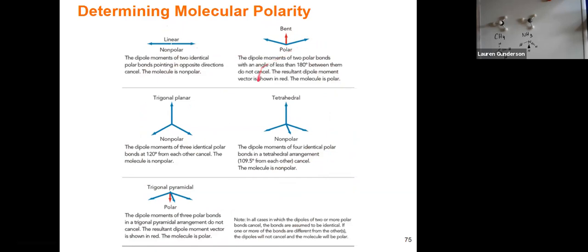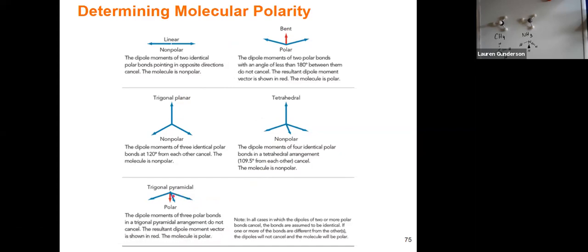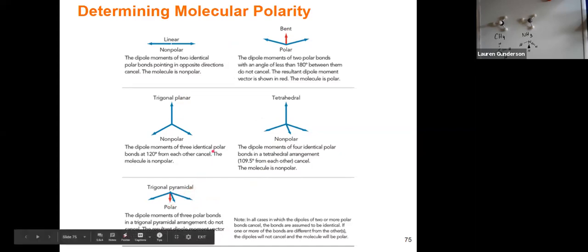So these are based on the fact that you're going to have similar atoms in your terminal positions. Okay, so you see something with a bent geometry here, that would be polar because you have a net vector at the end. For trigonal planar and tetrahedral, your vectors would cancel out in these cases. If you have a trigonal pyramidal, your vectors would not cancel out.